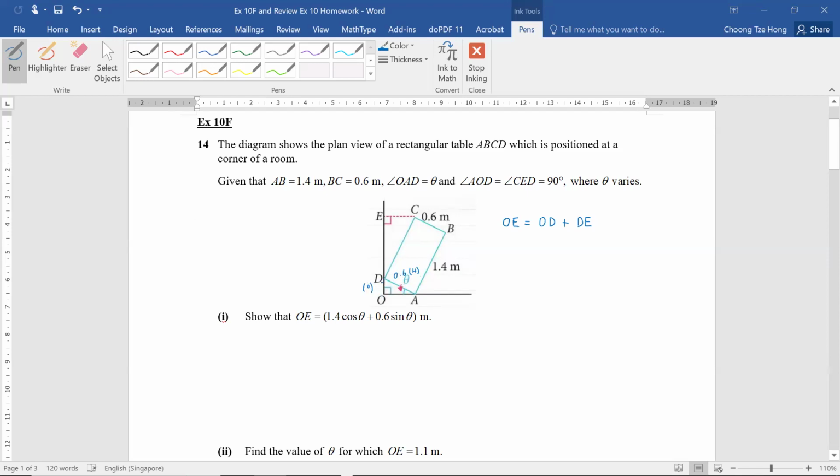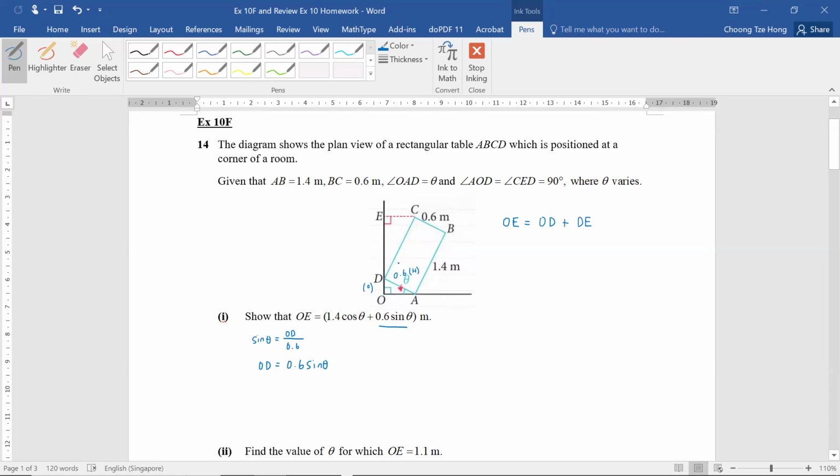So we will use sine. Sine theta will be OD over AD, and AD is 0.6. So OD equals 0.6 sine theta. This is where the 0.6 sine theta comes from.